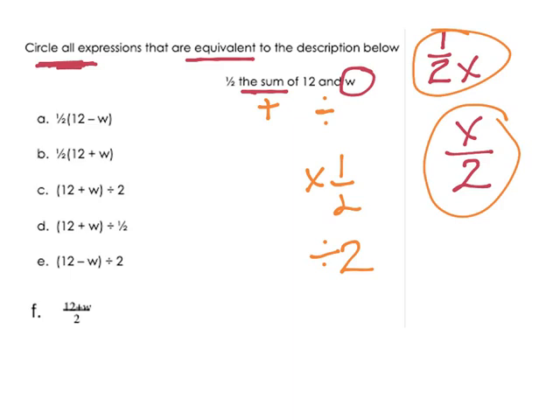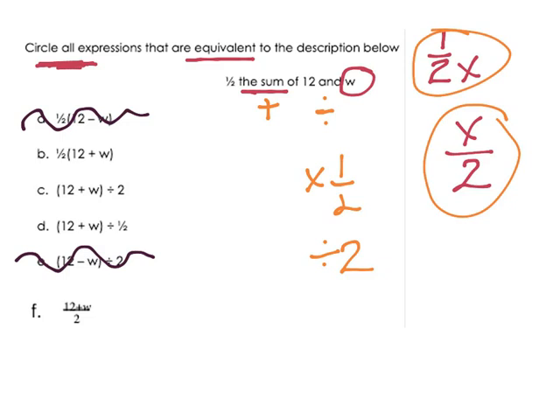I noticed that I could potentially have multiplication, division, and addition, but that means I will not have subtraction at all. So I'm going to ask myself, do any of these answer choices have subtraction in them? If so, I can eliminate those choices right now. So I see choice A has subtraction, and then I see E has subtraction.